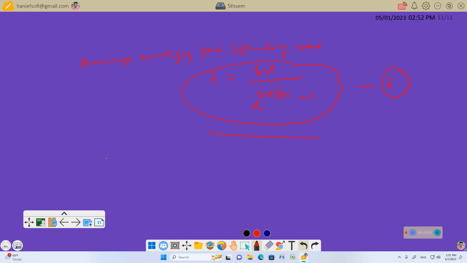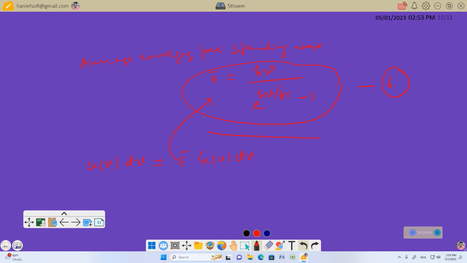When you find u nu d nu according to Planck's theory of black body radiation, you have to multiply the average energy per standing wave with the same G nu d nu, that is the number of independent standing waves per unit volume in the cavity in the frequency interval from nu to nu plus d nu.